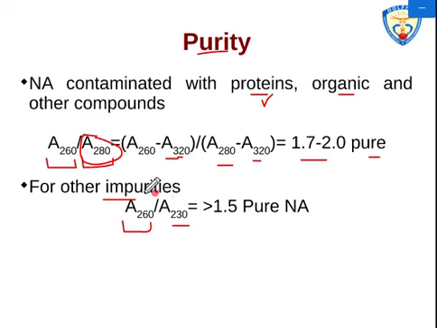We divide these two values and get a ratio. If the ratio is more than 1.5, we say that our sample is pure. As the contaminations increase, the absorption value at 230 nanometers will also increase. So if this value increases, the ratio will decrease. As you go far down from 1.5, the more impurity is present in your sample.